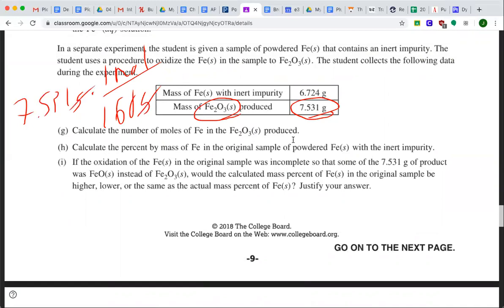Grams cancel out. And that's going to give us, it's not a pretty number. So 7.5 divided by 160 equals 4.7 times 10 to the negative second moles.